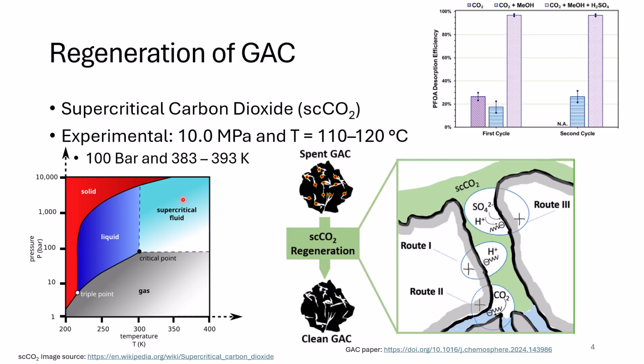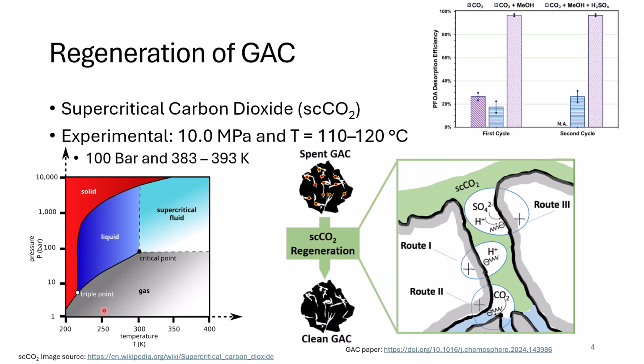There's a lot of science going on about cleaning up spent GAC. As you can see from these charts, it's super efficient, blah blah blah. One thing I wish they talked about in the paper is what they did with the waste afterwards. I'm very curious, because once you return to standard pressure and temperature, 24 degrees Celsius at 1 atm, it's going to be a gas, somewhere around here.